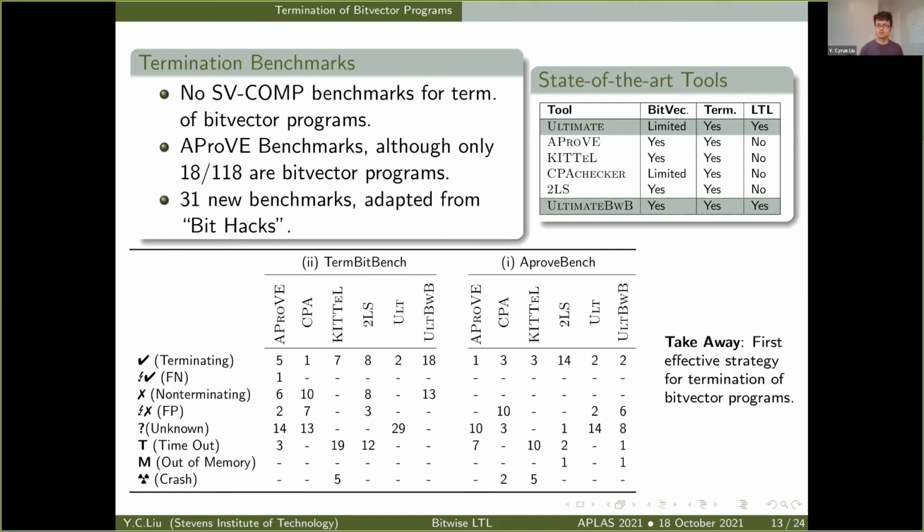As you can see here, Automizer applied with our bitwise branching can successfully prove the terminating and non-terminating benchmarks in most of the cases, while the other tools either report unknown, time out, or crash.